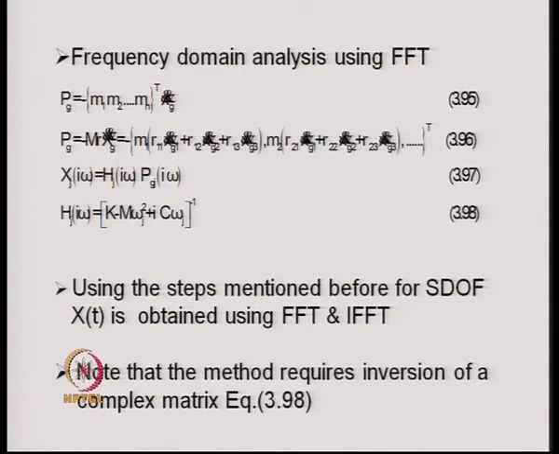Now, with these matrices defined, one can find out the value of the responses at the k plus 1 time station, given the value of the responses at the kth time station. And the direct time domain analysis using Newmark's beta method can thus be obtained.